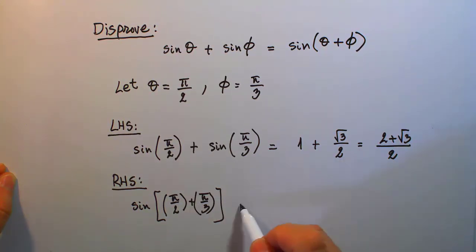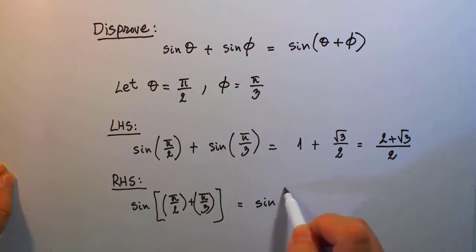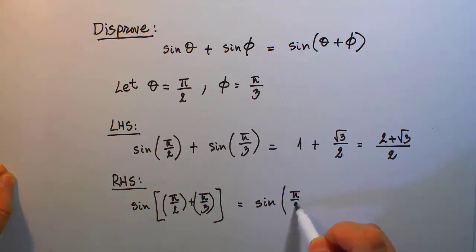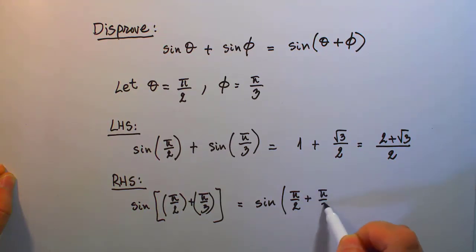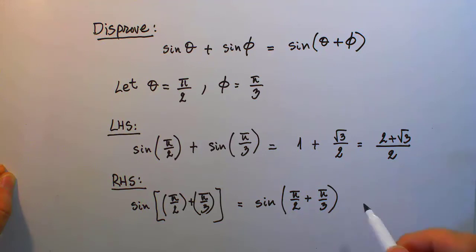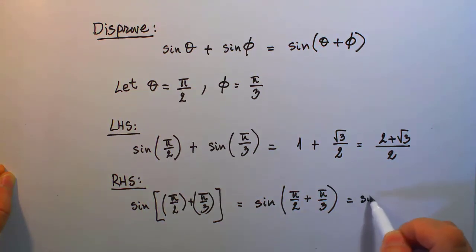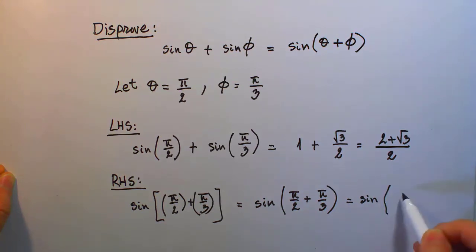So my right hand side, working further on that, is sine of the sum of pi over 2 plus pi over 3, which in turn equals sine of 5 pi over 6.